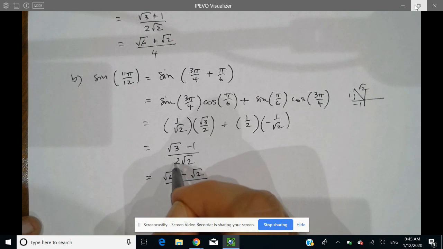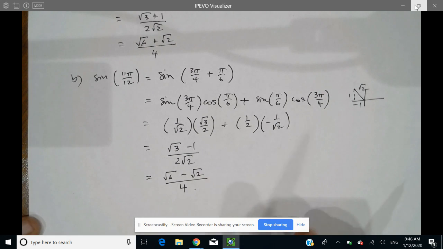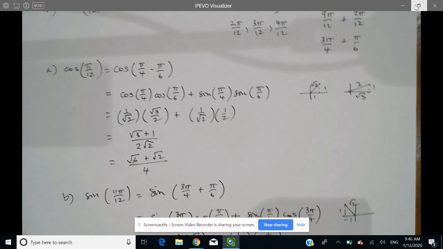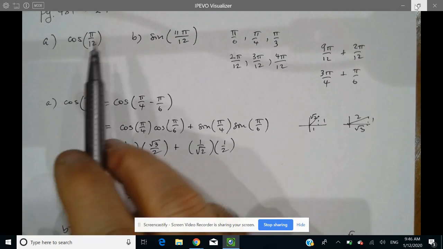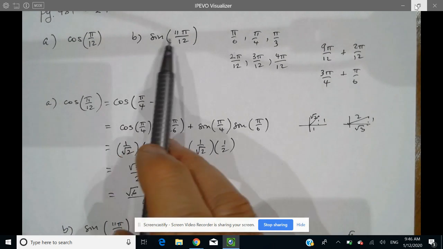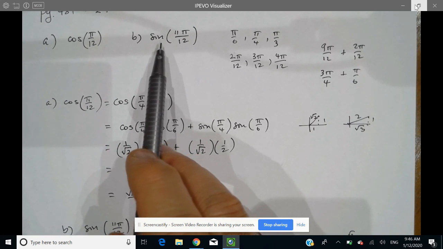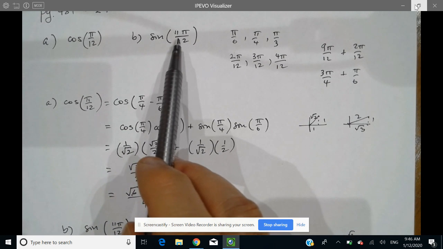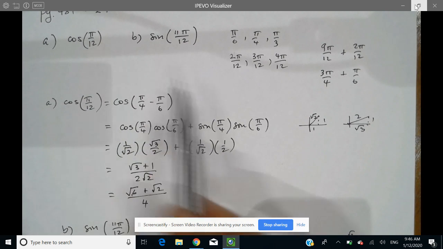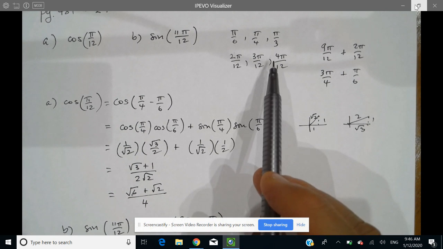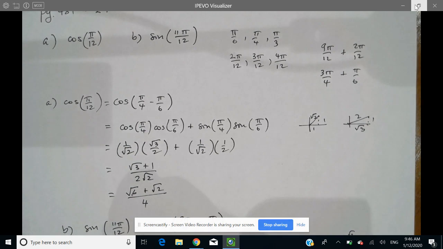Just to recap, when you see an angle which is not one of your special angles, and you're being asked to determine an exact value, more likely than not, what you're going to do is write these angles as some combination of your special angles, and then use the identities to solve them. That's it for this one.